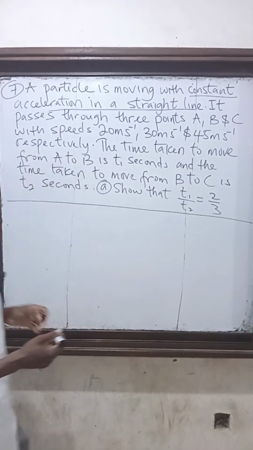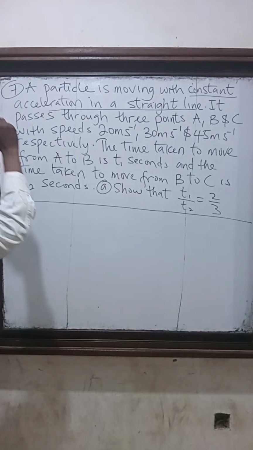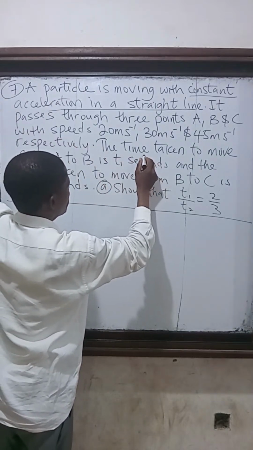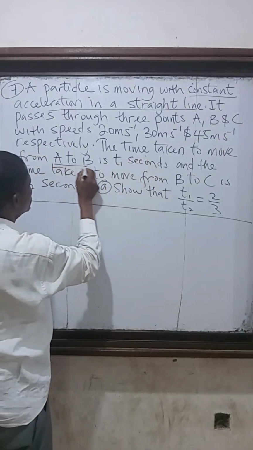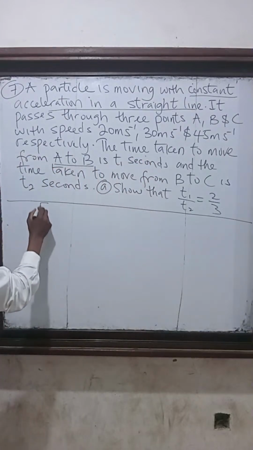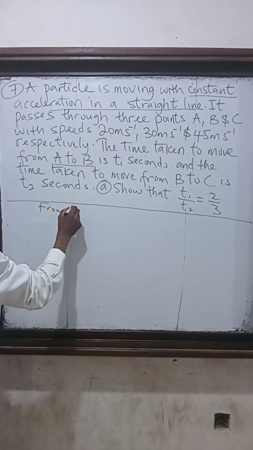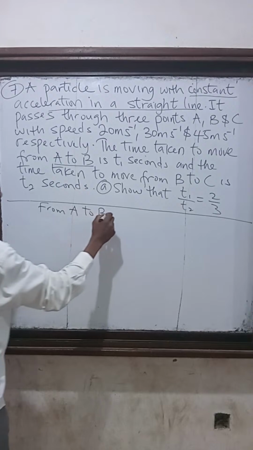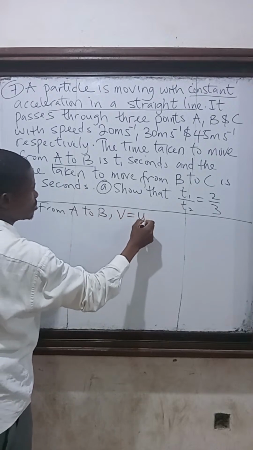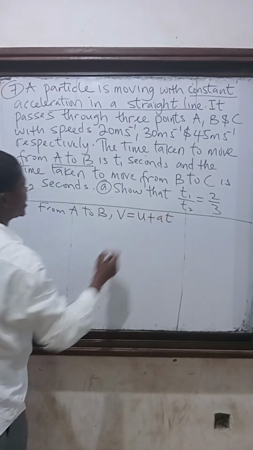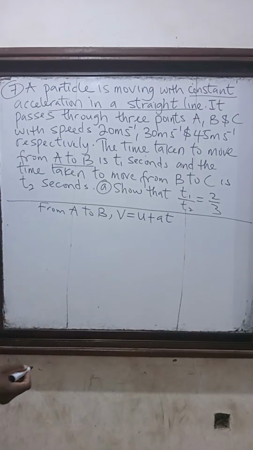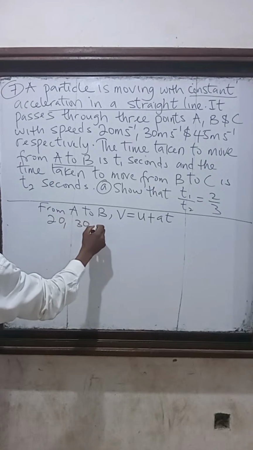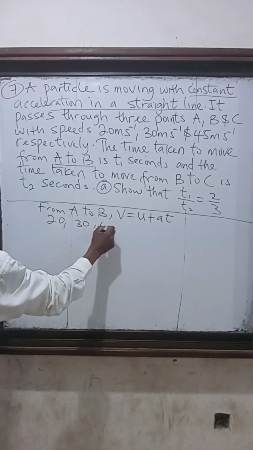Okay? So the first thing we're going to do, we're going to start from this statement, from A to B. Let's see this equation. From A to B, look at what we are given. We're given 20, 30, and 45.